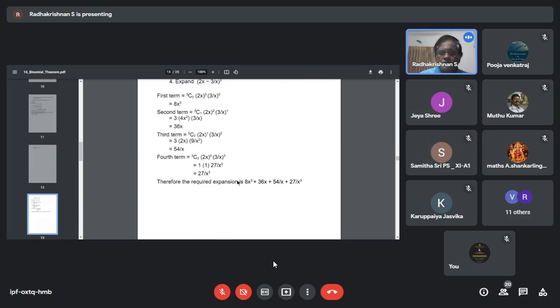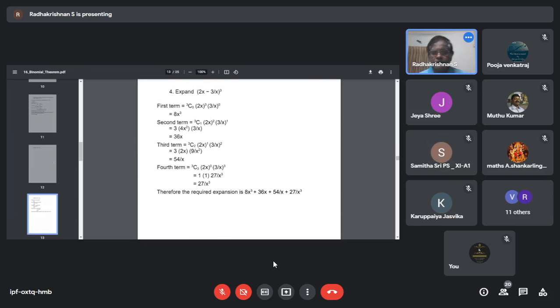All of binomial theorem is just applying this simple formula. So you see the answers. First term is 8x cube. Second term is 3C1 into 2x whole square into 3 by x to the power of 1, that is 3 into 4x square into 3 by x, which comes to 36x.